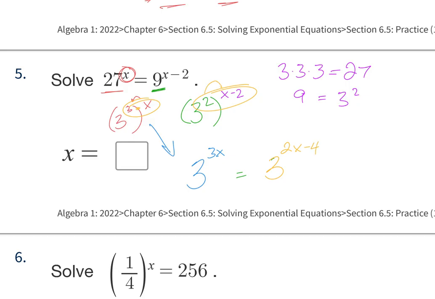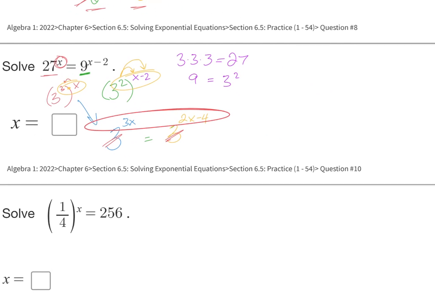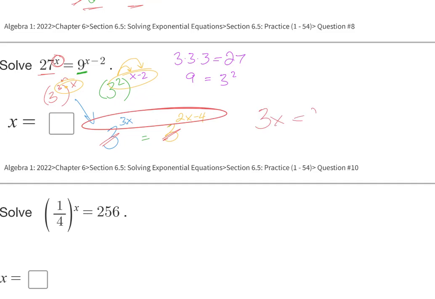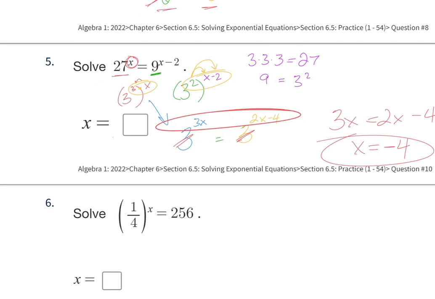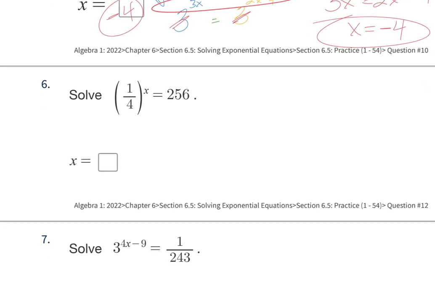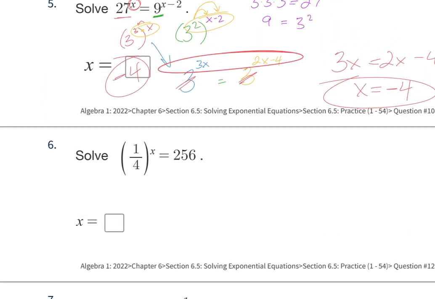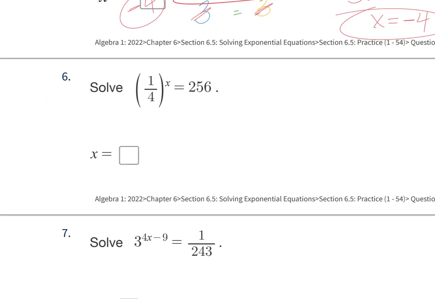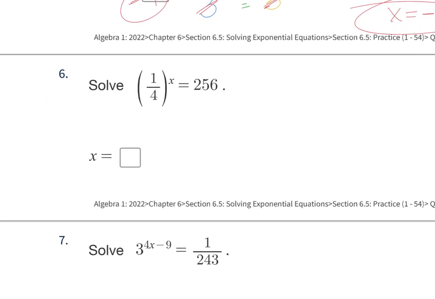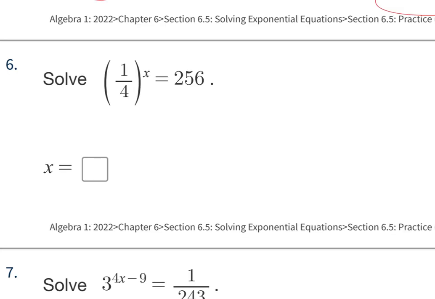Because 2 times x is 2x, 2 times negative 2 is negative 4. There you go. Oh, look, our bases are the same now. We can just focus on the exponents. So 3x equals 2x minus 4. Subtract 2x to get x equals negative 4. Done. Negative 4.